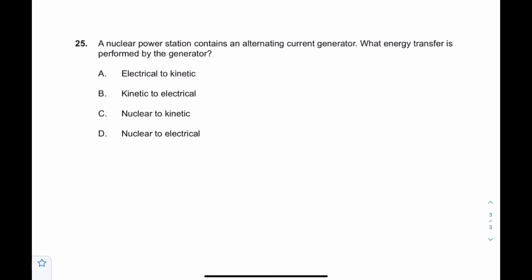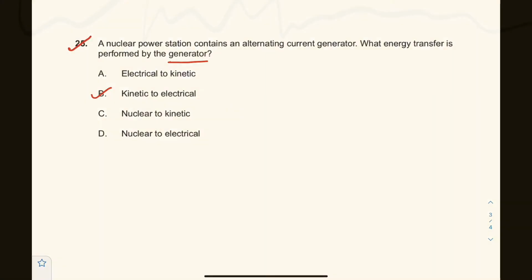So you just have to keep in mind that a generator only converts rotational kinetic energy to electrical energy, and it can be used anywhere. So this is a trick question. The answer will be option number B, that is rotational kinetic energy to electrical energy. So this is the correct option for question number 25.